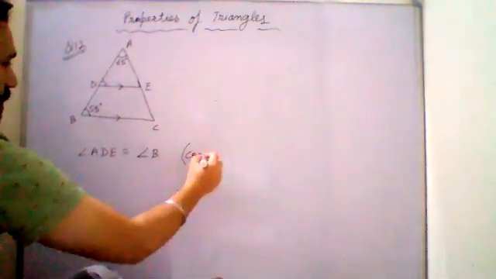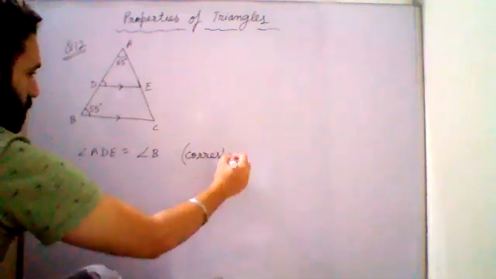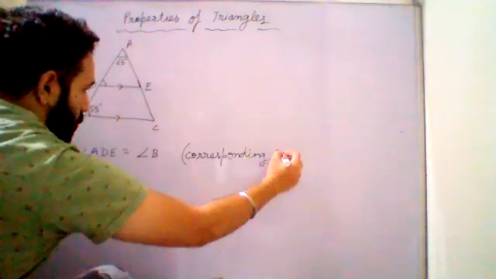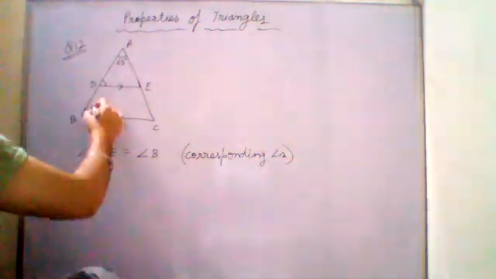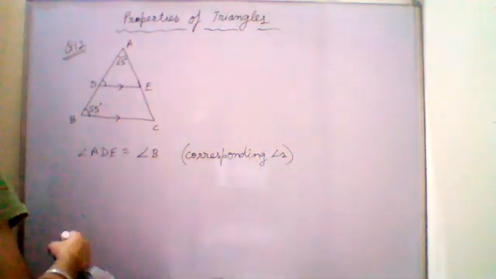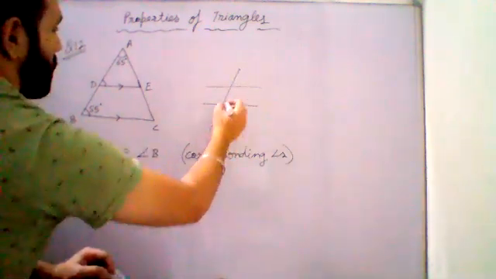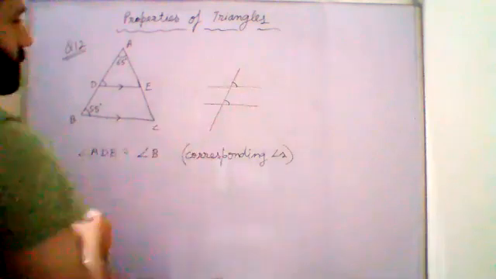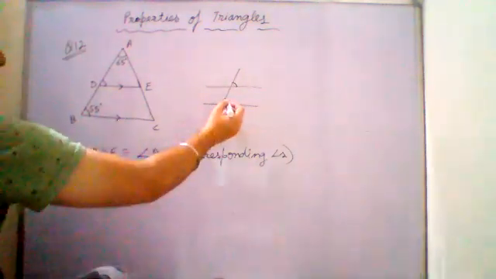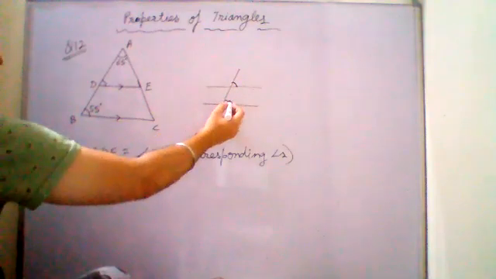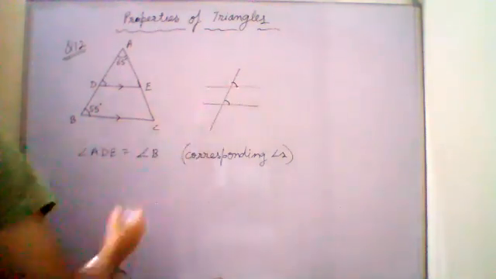What is the reason? Corresponding angles. Do you remember? When two lines are parallel and the angles are on the same side of a transversal, one angle is in the interior, the other angle is in the exterior.